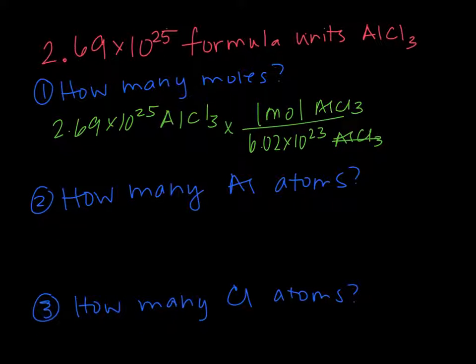So AlCl3s cancel out, and I'm left with moles. So I'm going to take 2.69 times 10 to the 25th and divide by 6.02 times 10 to the 23rd, and I end up getting 44.7 moles of AlCl3.